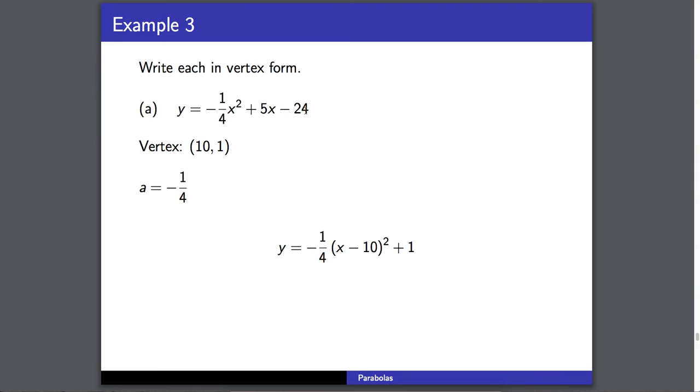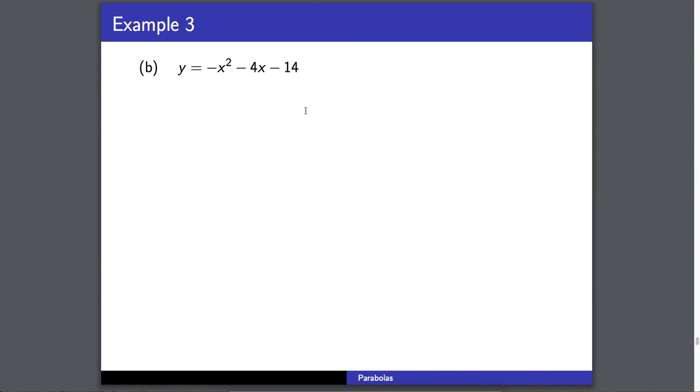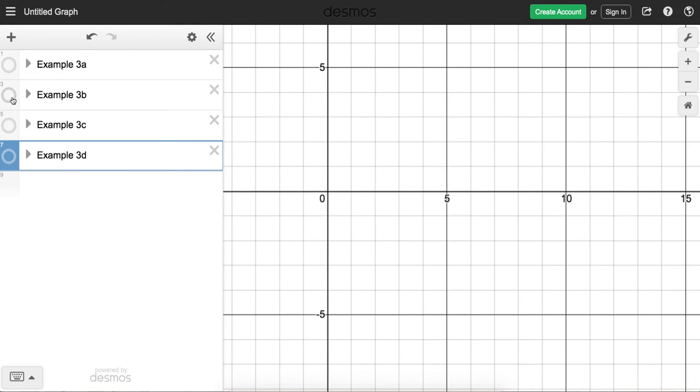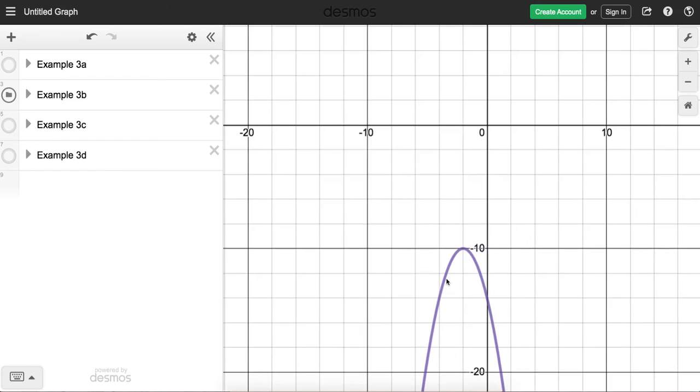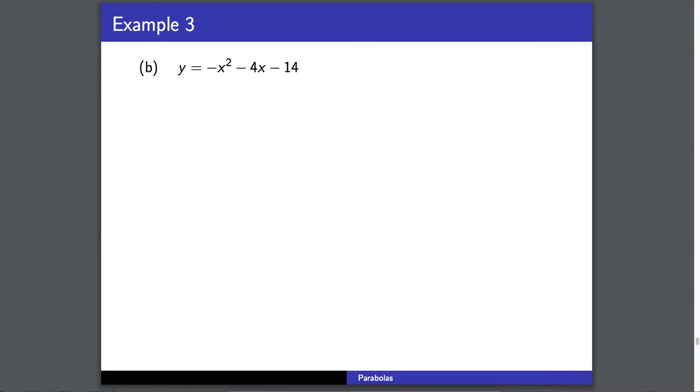All right, part B, we have y equals negative x squared minus 4x minus 14. The vertex here, if we go ahead and graph part B, I've got to zoom out a little bit more. There we go, way down here. Our vertex is at negative 2, negative 10. The value of a is negative 1.